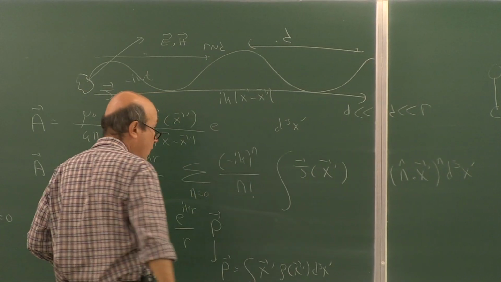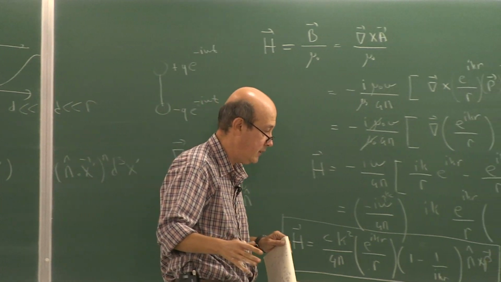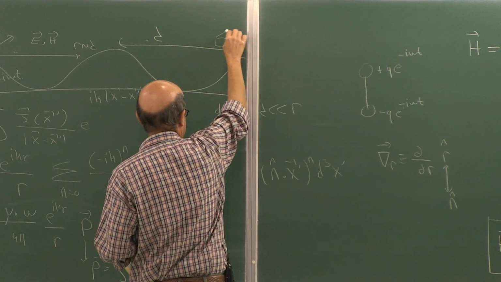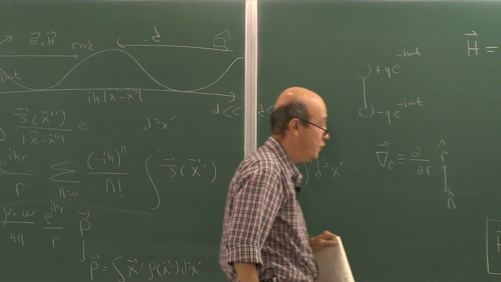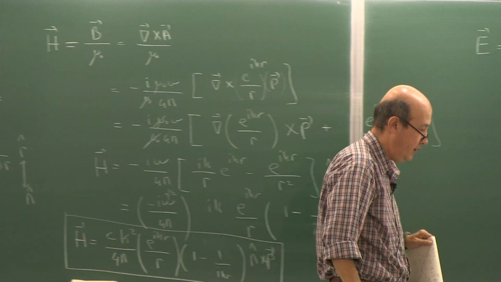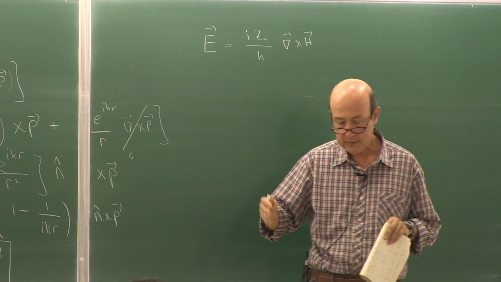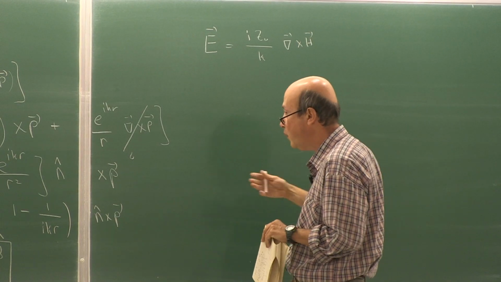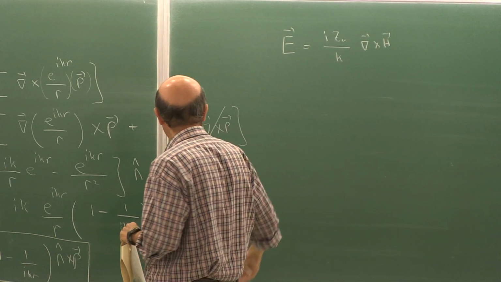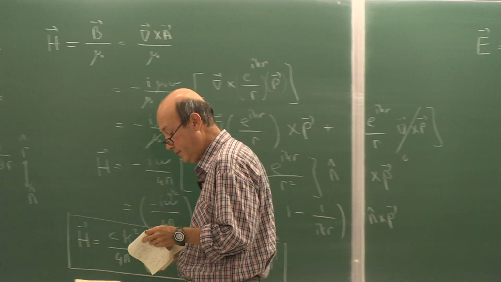You can obtain this using the modified Ampere's law. You have curl of H equal to the current density. At our point of interest there is no current density, so put 0. And you have plus the partial derivative of the electric displacement D with respect to t. Instead of del over del t, you can substitute minus i omega, and then you can solve for the electric field in that form.